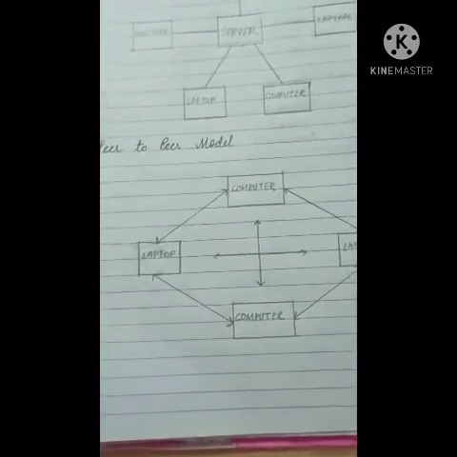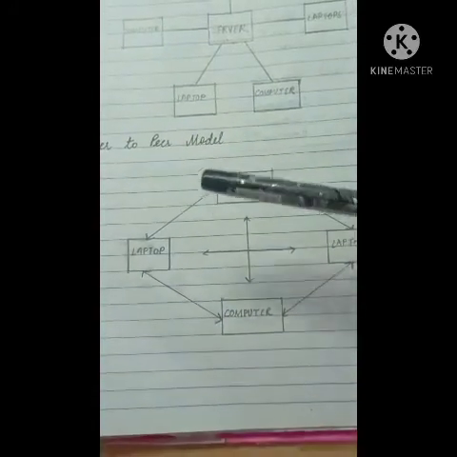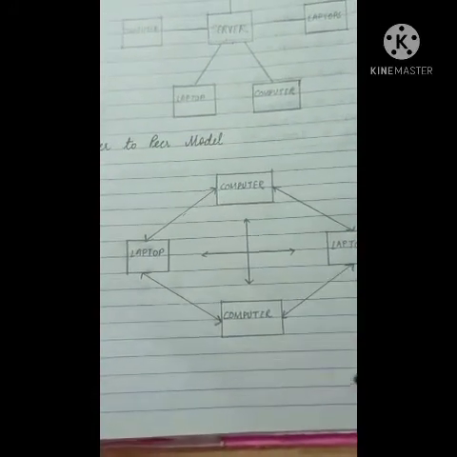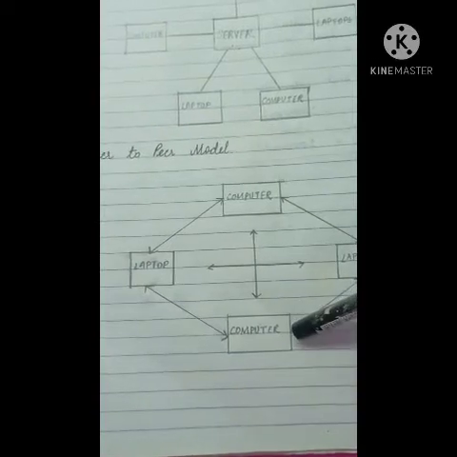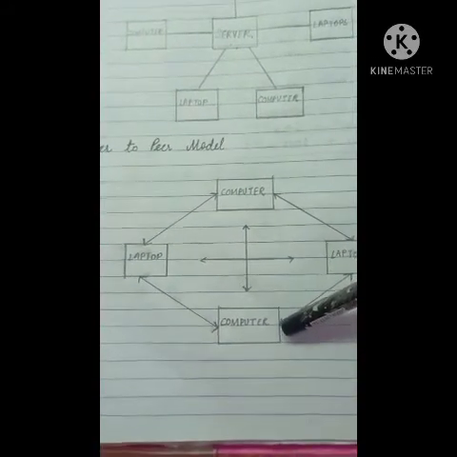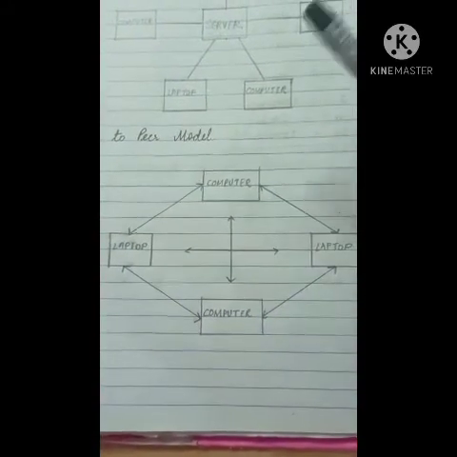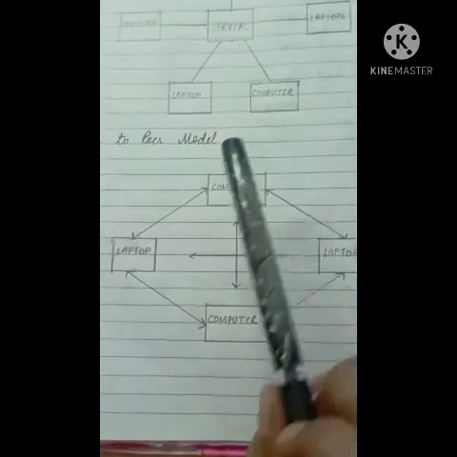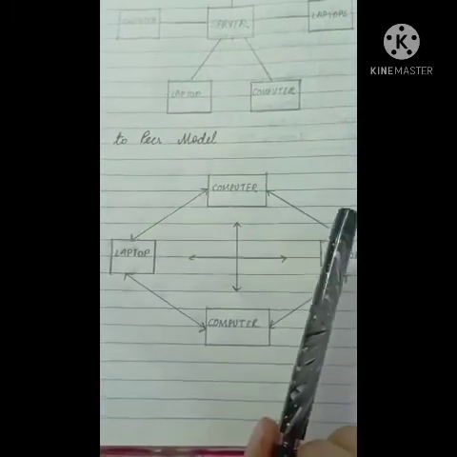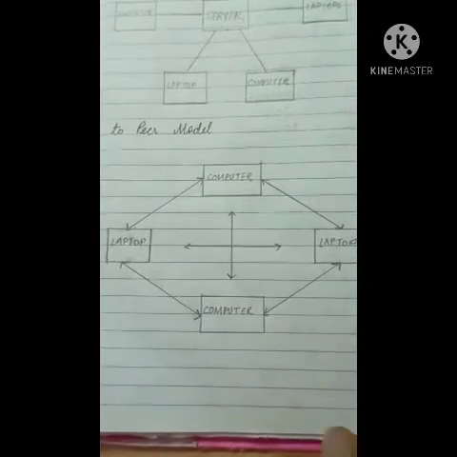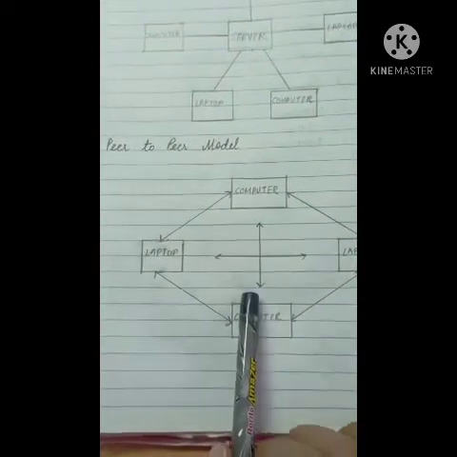Children, a client server network can be used to connect any number of computers, so it can be used to build large networks. But a P2P network is appropriate only for small businesses or organizations or for homes.